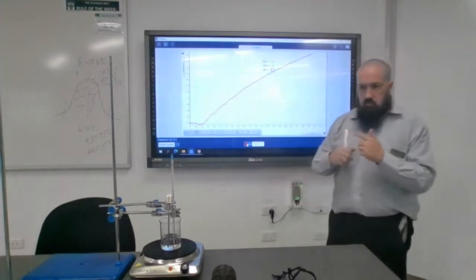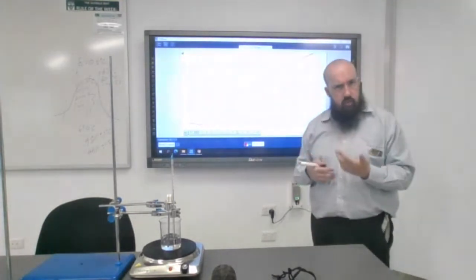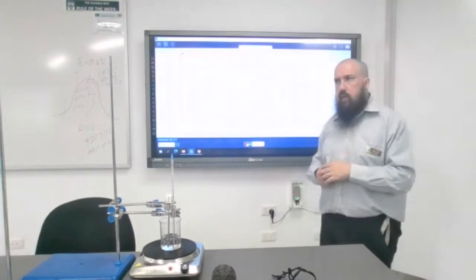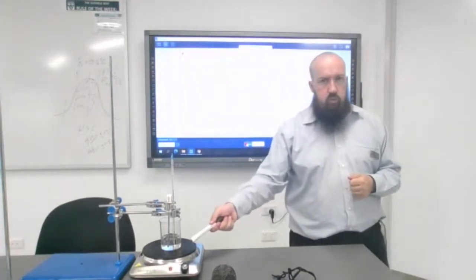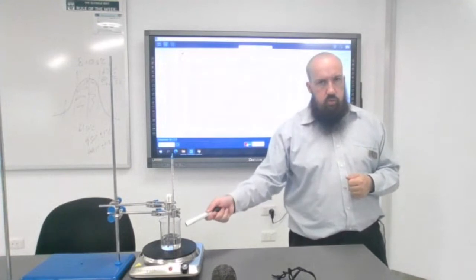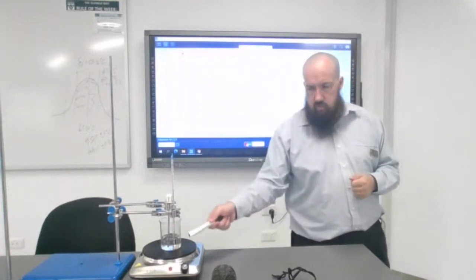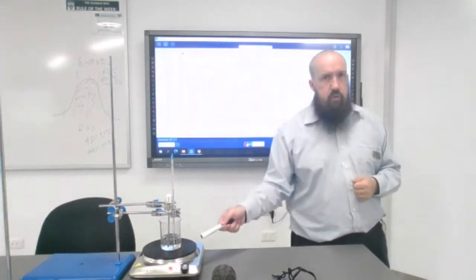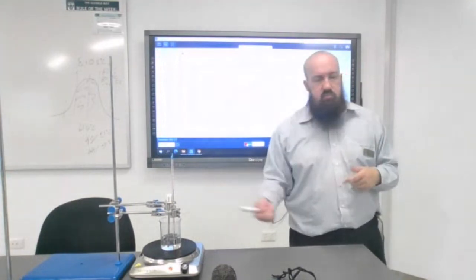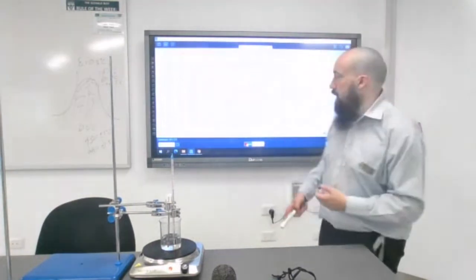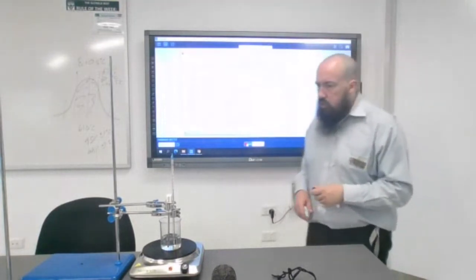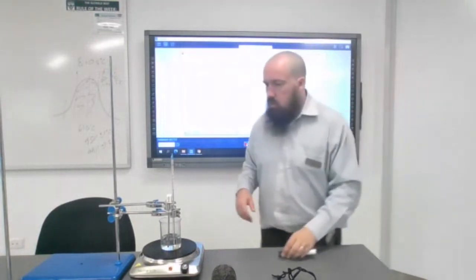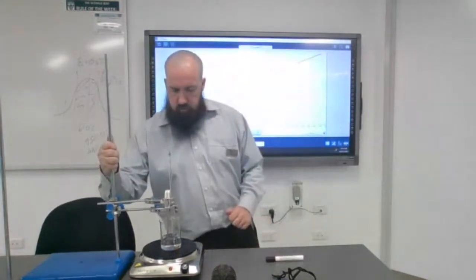Think about convection, you learned that in grade 9: as we're heating that liquid, the warmer liquid at the bottom causes it to rise, and the cold liquid at the top causes it to fall. So you've got this cold and warm liquid moving around near the thermometers, and the analog just doesn't have the sensitivity to pick it up, but the digital thermometer certainly does. Okay, so I will stop that.